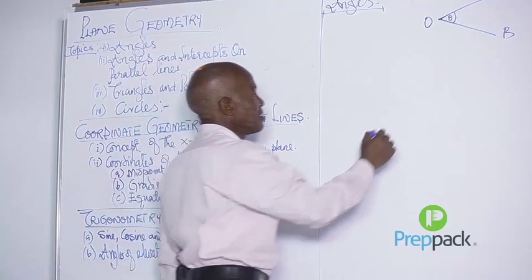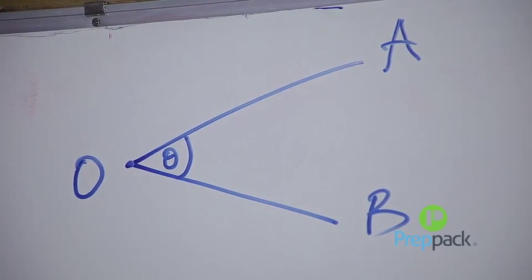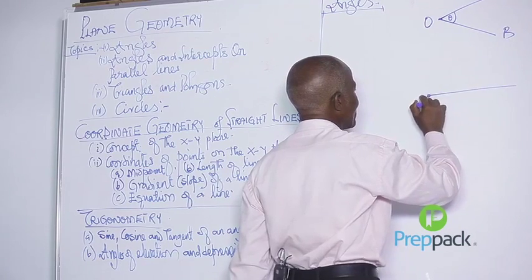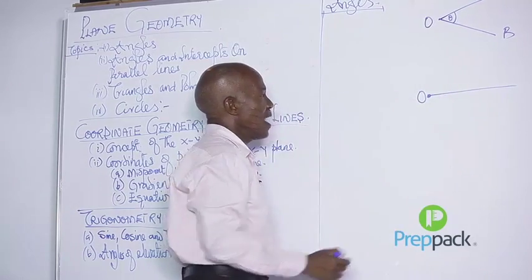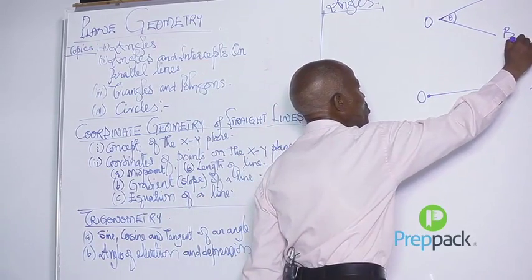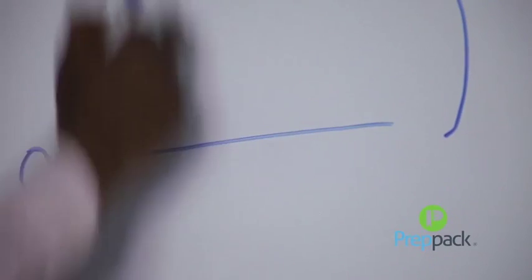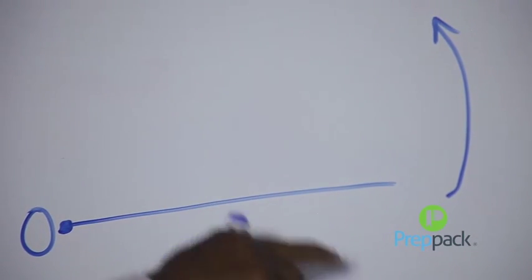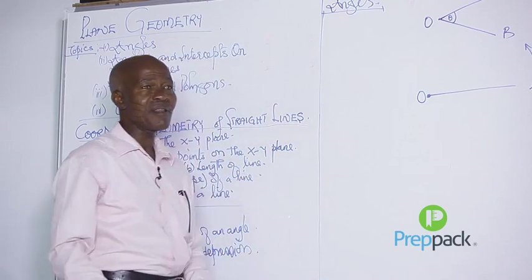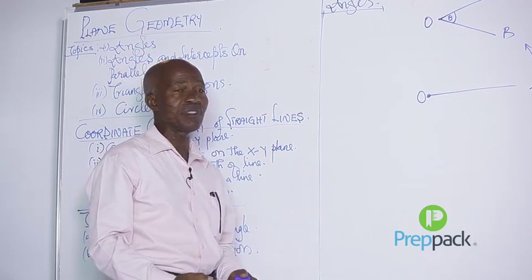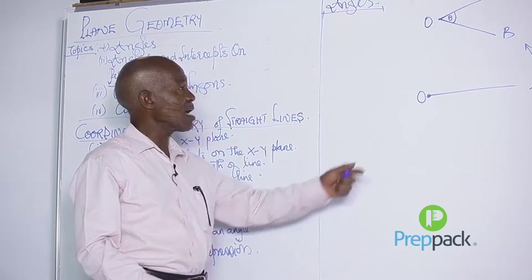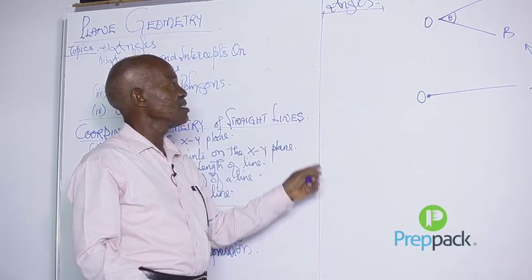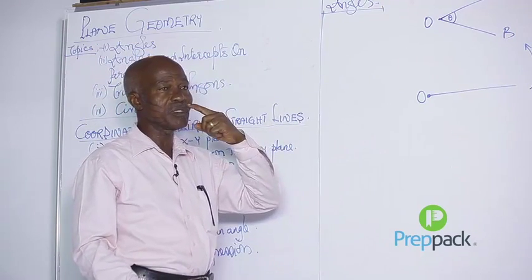Or better still, we can consider a line that is fixed at the point O and being rotated, being moved, either anti-clockwise or clockwise. However, in geometry, angles are measured in anti-clockwise movement.